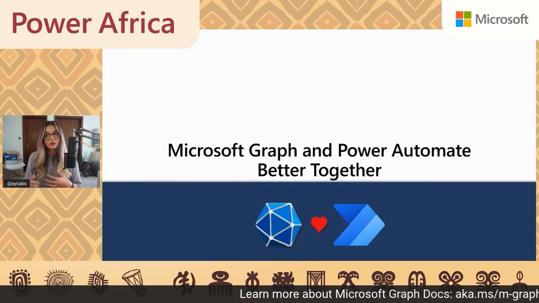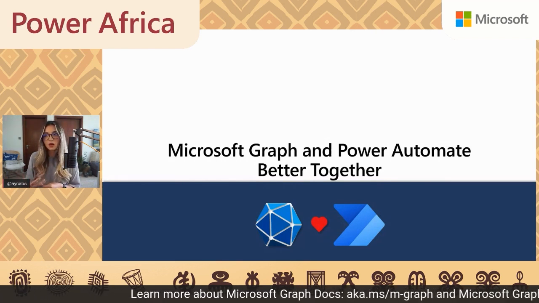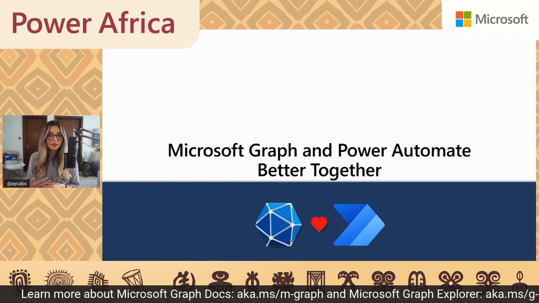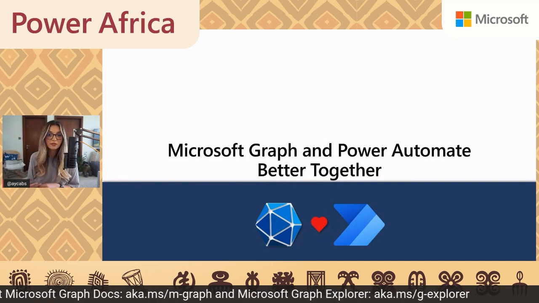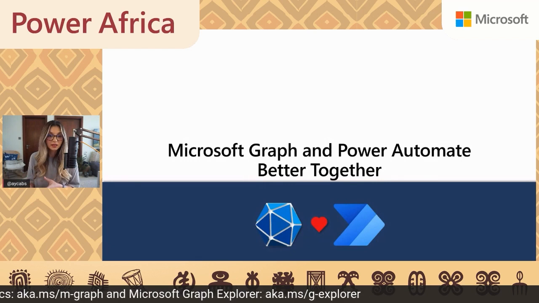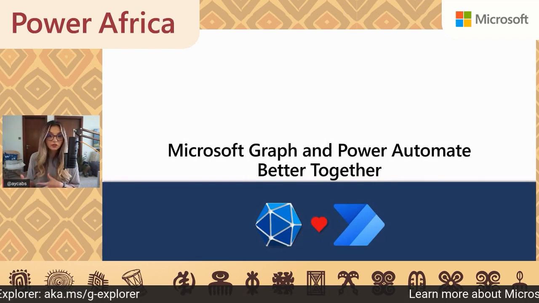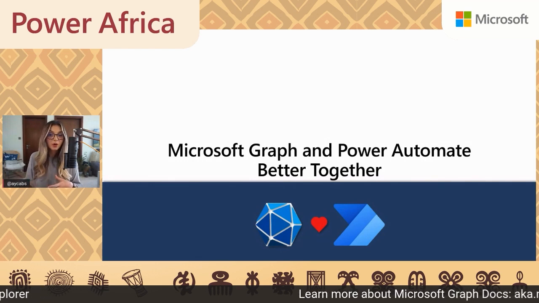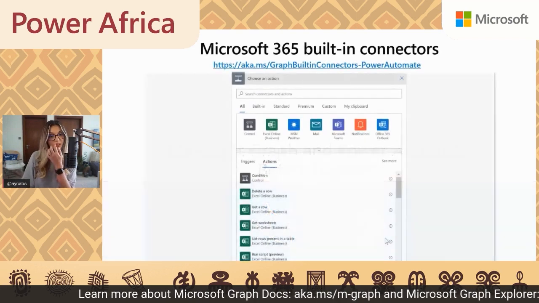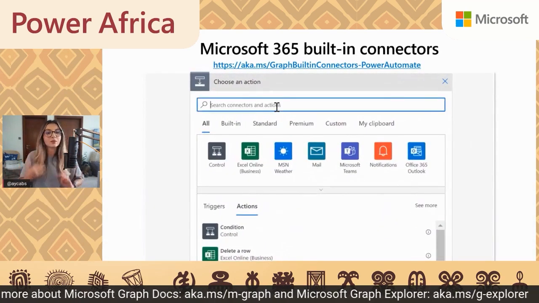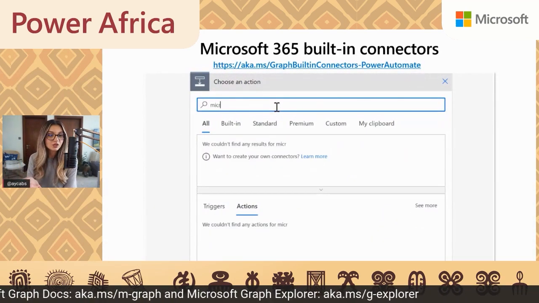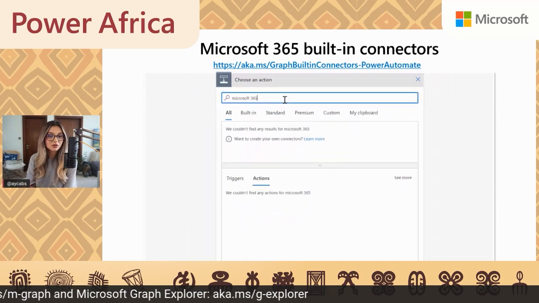First of all, if you have tried Power Automate before, you may realize that there are a lot of Microsoft 365 connectors already in there. So we have calendar, we have emails. There are a lot of great connectors you can use to build productive scenarios. So it's quite useful already if you try them out before, or if you're just trying right now, just type Microsoft 365.